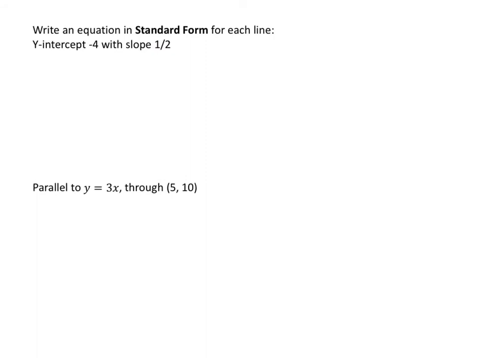Next example, I'm given a slope and a y-intercept, so I can use slope-intercept form. Y equals 1/2 x minus 4, and now I need to rearrange so that I'm in standard form. Subtract 1/2 x from both sides.